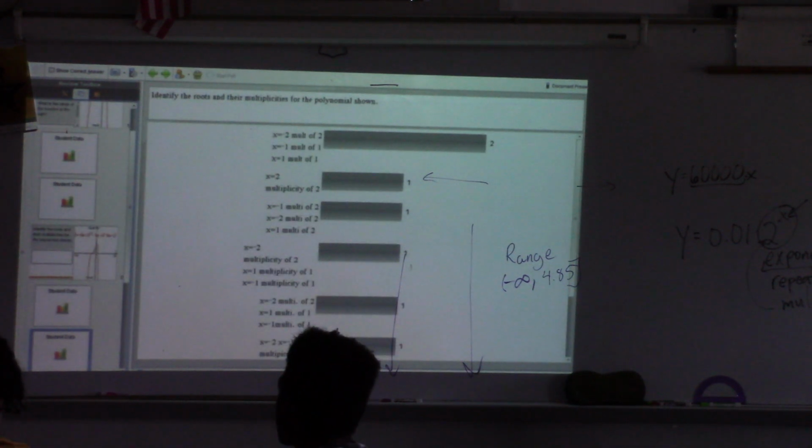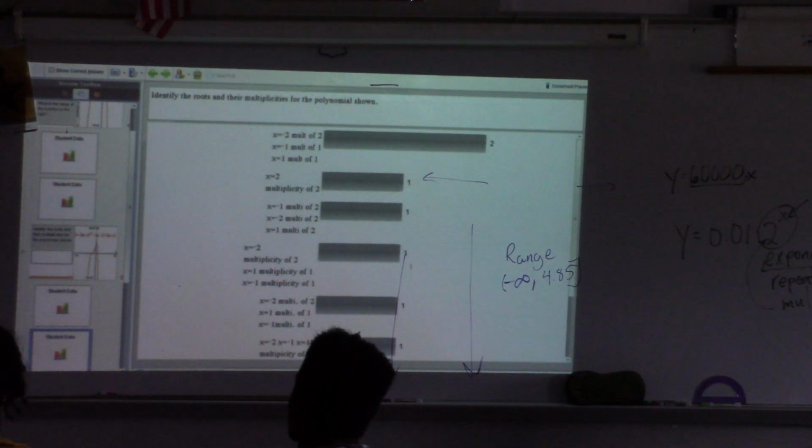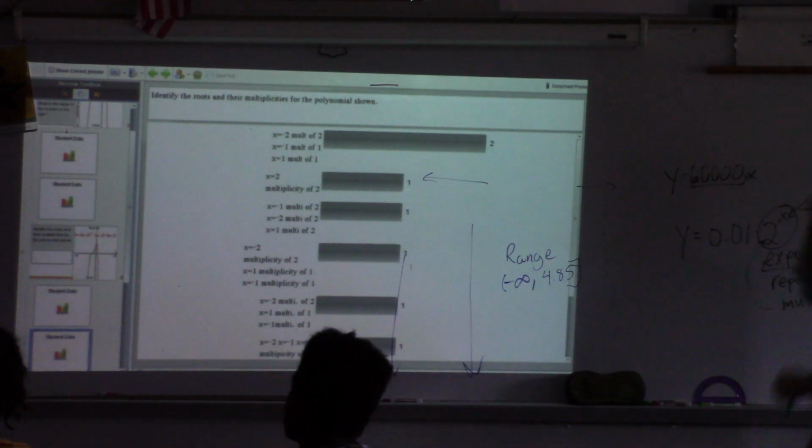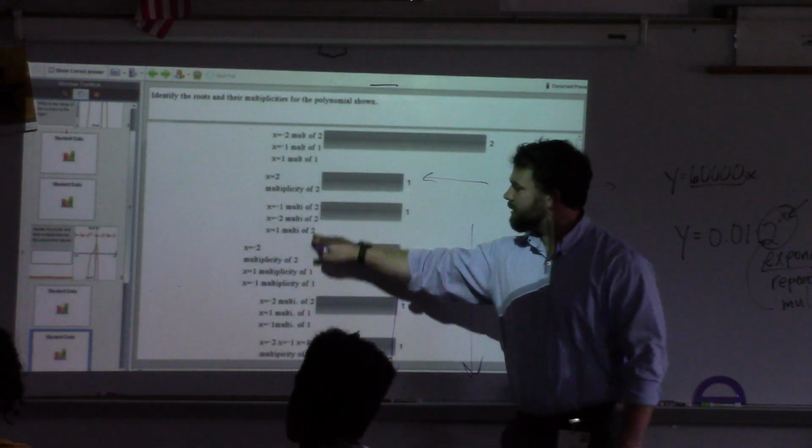Then we had roots and their multiplicity. -2, 1, 1. Okay. So for the most part, it looks like we were on very similar pages. I will say, in this third answer choice right here, it says all of these have a multiplicity of 2.